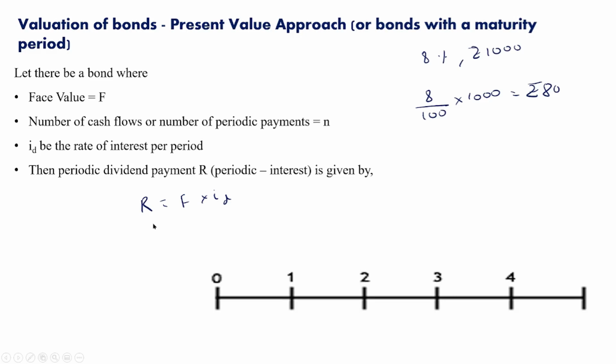The borrower or the bond issuer, or the company which is issuing bonds, has to pay this periodic dividend at the end of each time period. So if we take these as the time periods, this periodic dividend payment should be made at the end of each time period until maturity, until the bond matures.